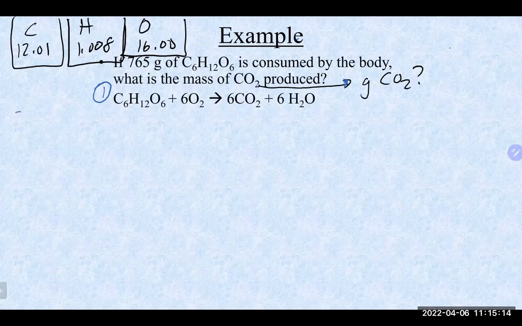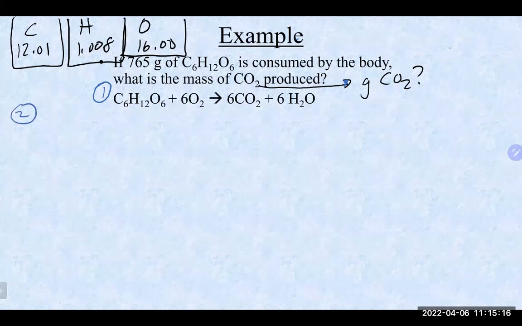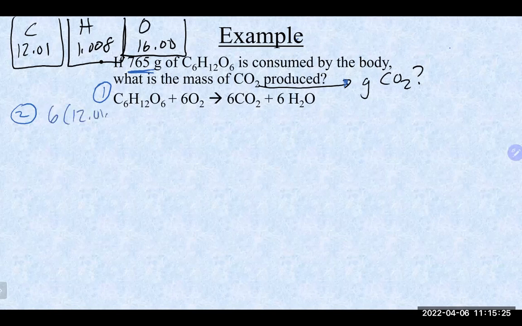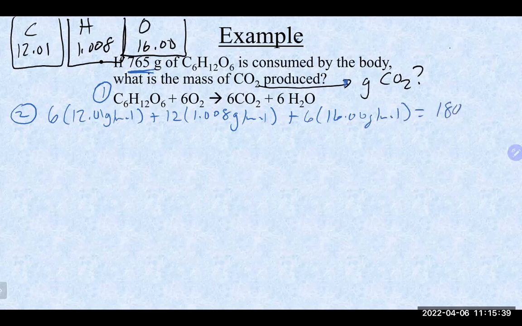Again, the second step is to convert to moles, which we do need to do since we're given 765 grams of it. So we would go to the periodic table, 6 times 12.01 for our carbon, plus 12 times 1.008 for our hydrogens, and 6 times 16 for our oxygen is going to give us 180.2 grams per mole, I think.